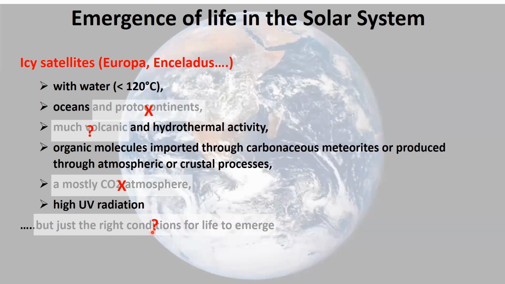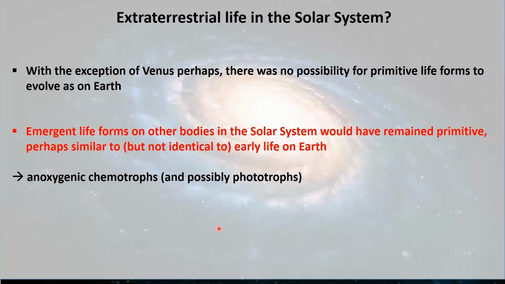Organic molecules will have been imported by meteorites to the surface of the ice covering the planets, and by some means we think transported into the oceans. In any case, there would have been organic molecules produced not by atmospheric processes, but by crustal processes. We don't talk about an atmosphere associated with these planets, and high UV radiation or any radiation doesn't affect the possibility of life emerging in the ice-covered oceans. We don't know, but we're still hopeful.